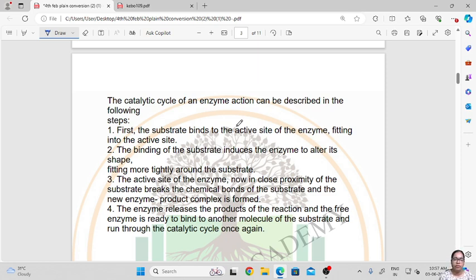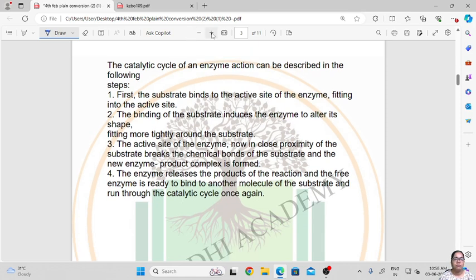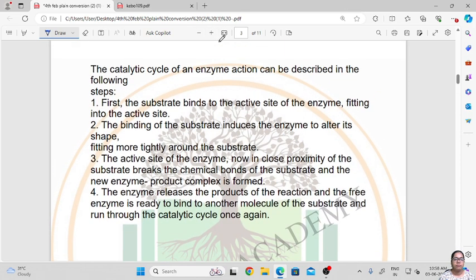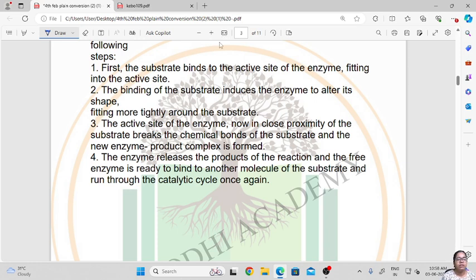So what is the first step? The substrate binds to the active site of the enzyme, fitting into the active site. That I have shown you over here. So this is an enzyme, and the substrate will bind to the active site of the enzyme.